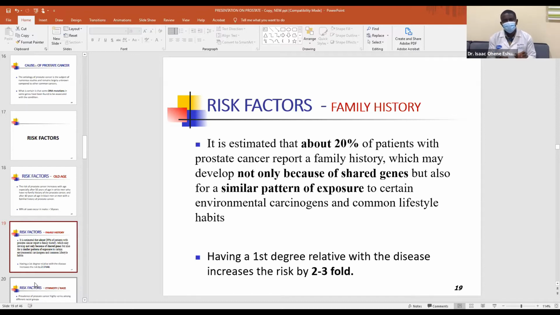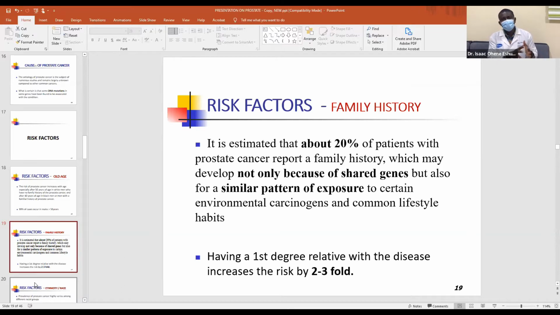Now, the relationship is not only a result of the genetic material they share, because if you're looking at a first-degree relative, being a father or a brother, it's not only because you share a similar gene that you are also contracting the disease. They also found that people with close association may have a similar pattern of exposure to environmental carcinogens and common lifestyle habits. As we go on with the risk factors, we would realize that these two points are also important things to take note of.